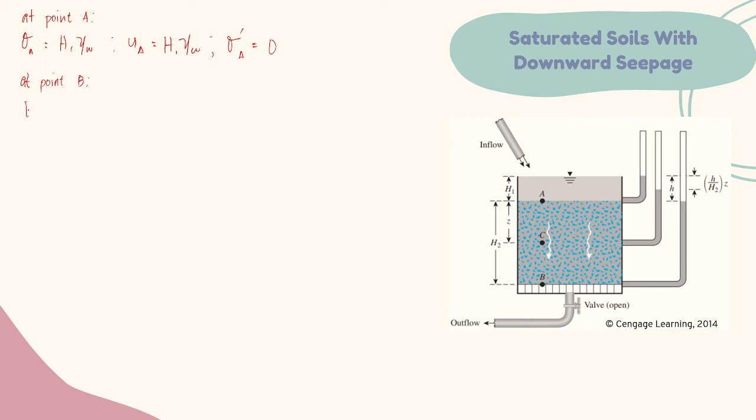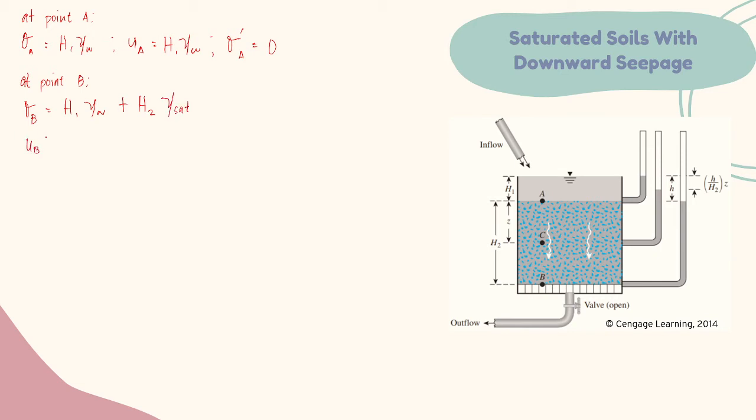So at point B, sigma sub B is equal to H1 times the unit weight of water plus H sub 2 times the saturated unit weight.